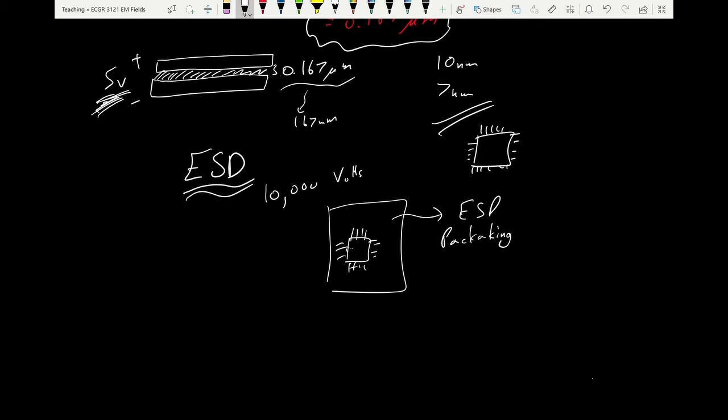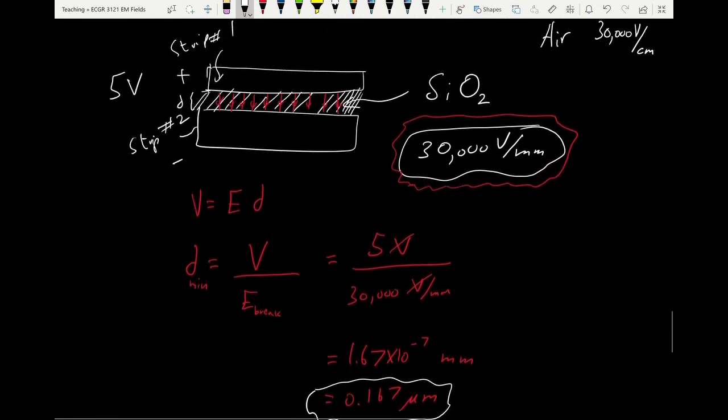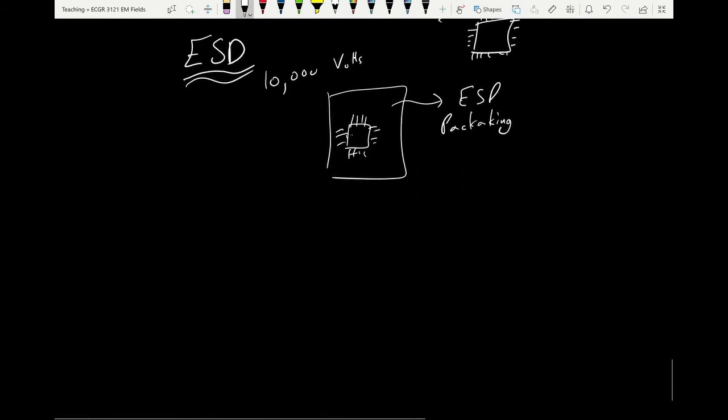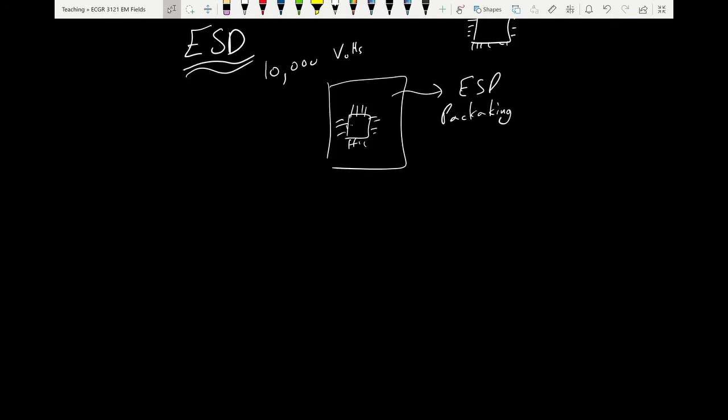Okay, now this is part A of the problem. Part B of the example is as follows. Assuming the same conditions as A, what would be the largest potential difference allowable? Right.